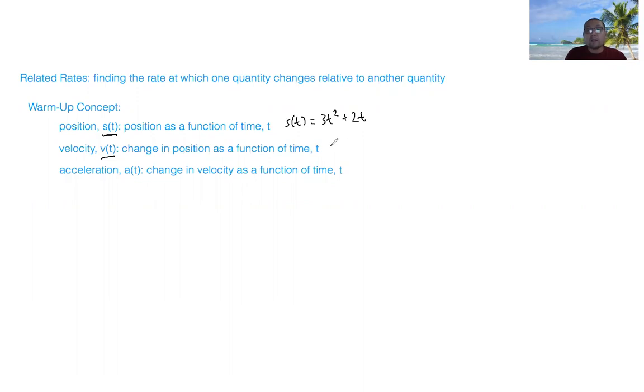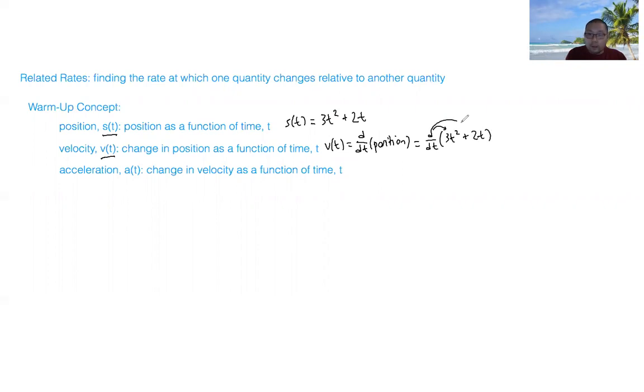You would first have to find the derivative of your position, because velocity, in this case with respect to time, is going to be the derivative of position. Okay, so the velocity, or change in position with respect to time, would look like this: the derivative with respect to time of 3t squared plus 2t.